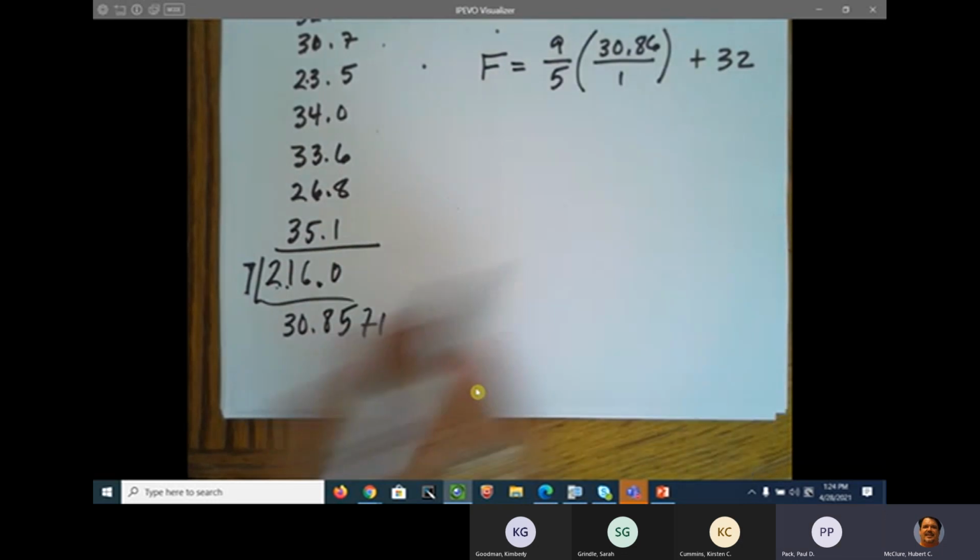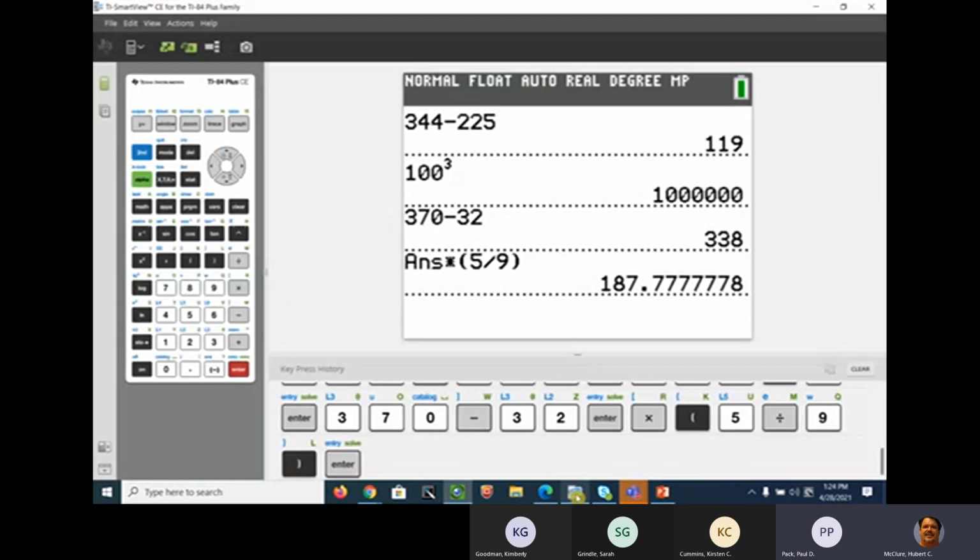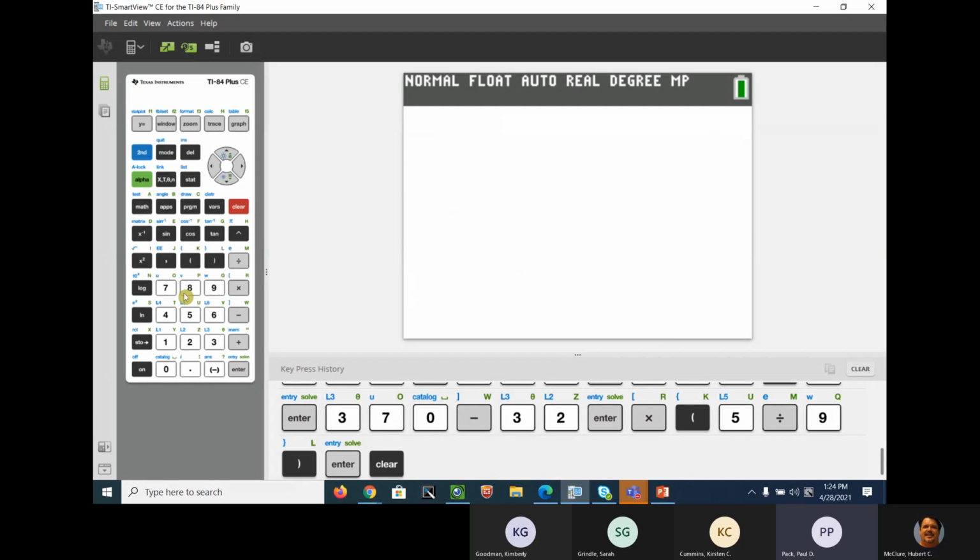I just don't trust y'all, so I went to my unit converter and I did Celsius to Fahrenheit and I got 87.54. Well, let me see. I have no idea what the answer is.